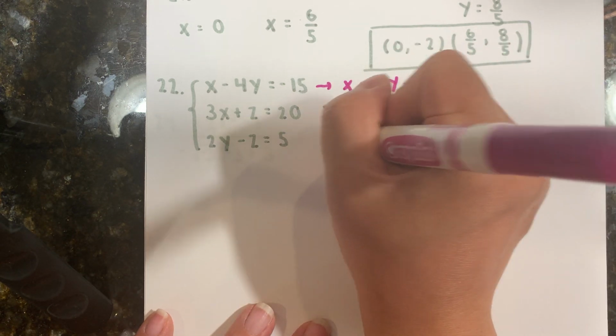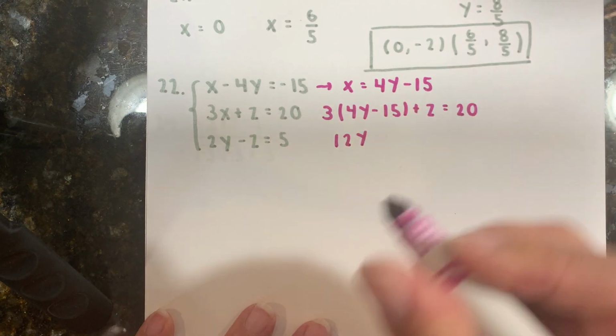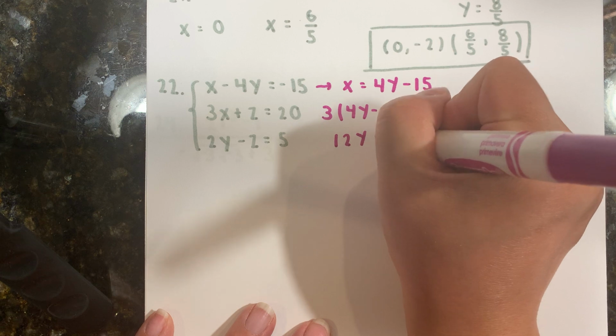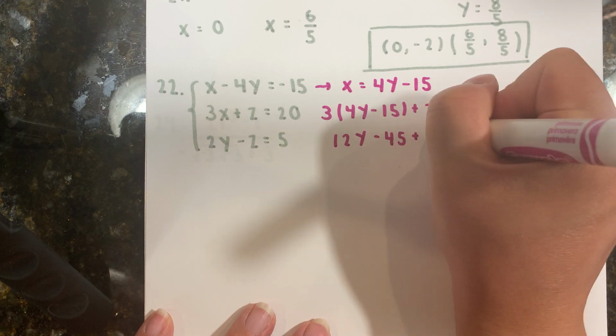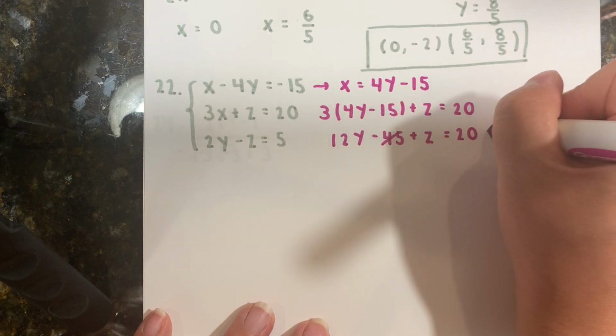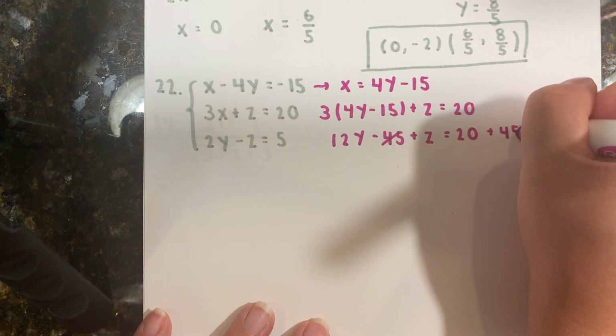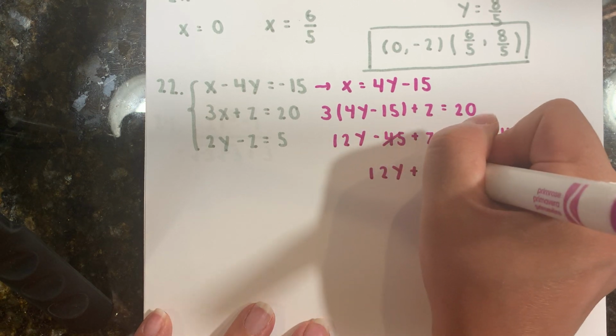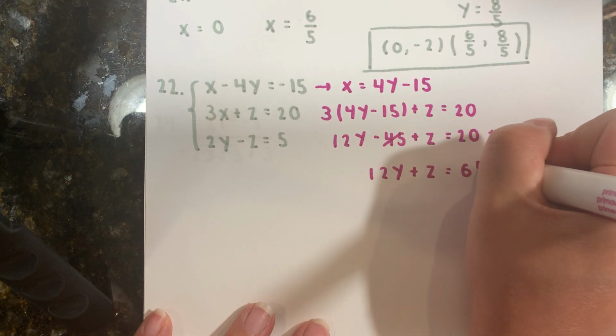Now when I distribute that, I get 12y minus 45 plus z equals 20. I'm going to add the 45 to both sides. So really I have 12y plus z equals 65.